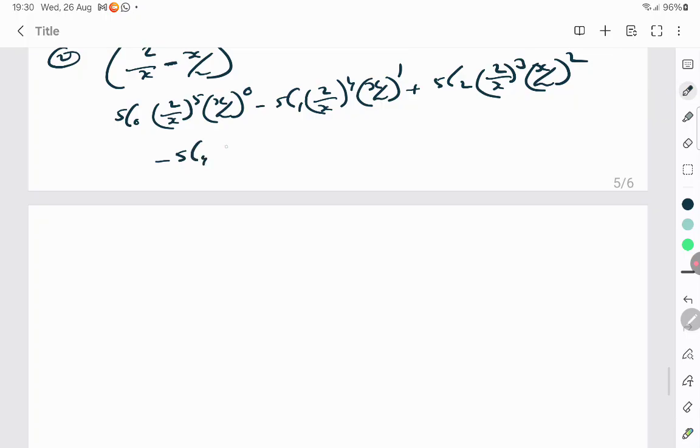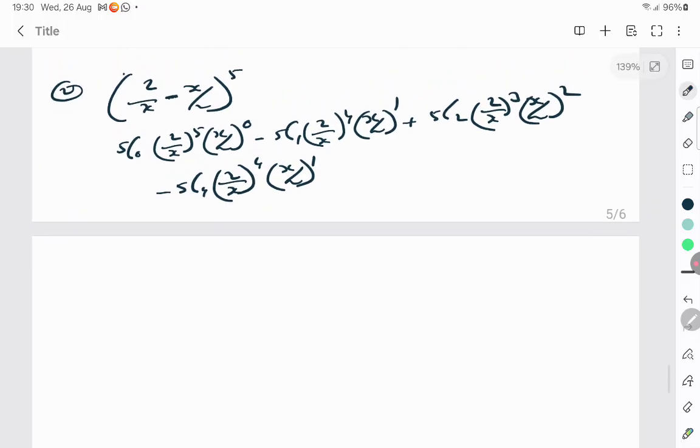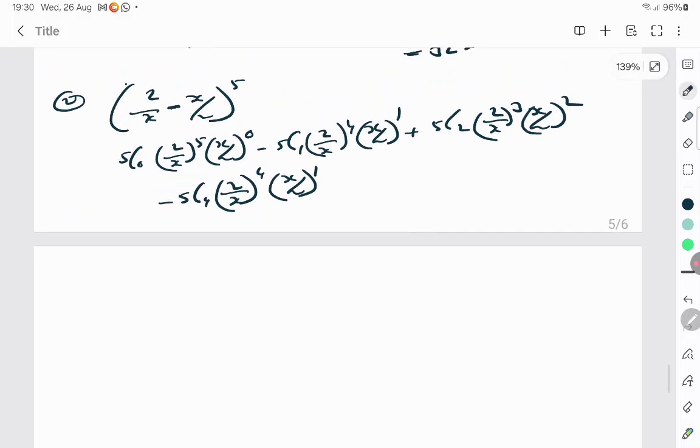Minus 5C3, 2 by x the whole to the power 2 into x by 2 the whole to the power 3. The power has to be descending: 4, 3, then this should be 2, and this will be 3.